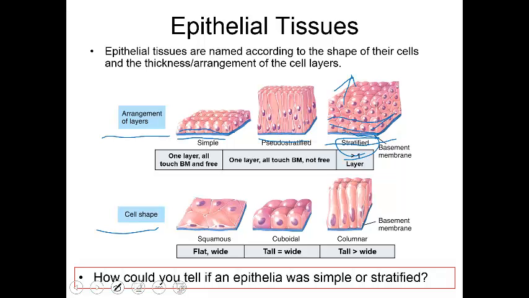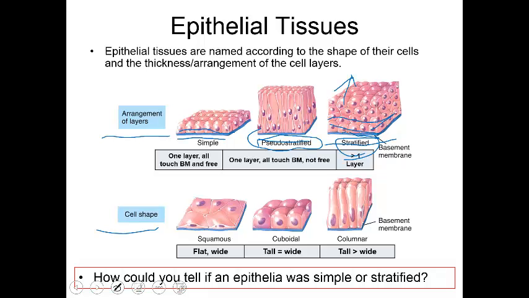Now the next type of epithelium based on the number of layers is called pseudostratified epithelium. Pseudo means false. Stratified means layers. So what this means is that this tissue looks like it has multiple layers, but if we look closely, it is actually just one layer of cells.